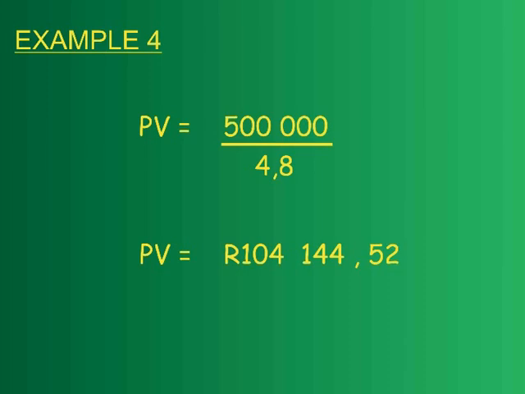That is the amount that we need to invest in order to get 500,000 Rand back at the end of 10 years in an investment yielding 16% per annum compounded quarterly.